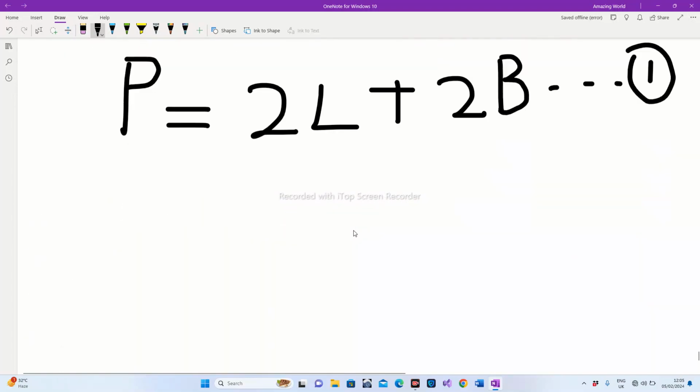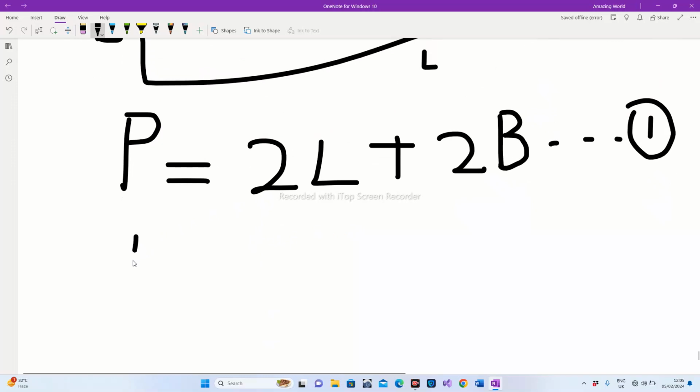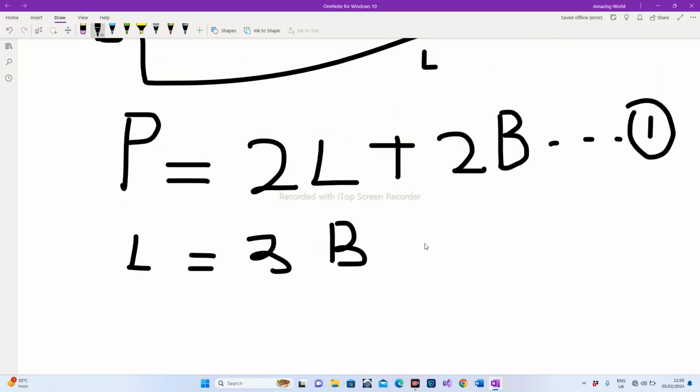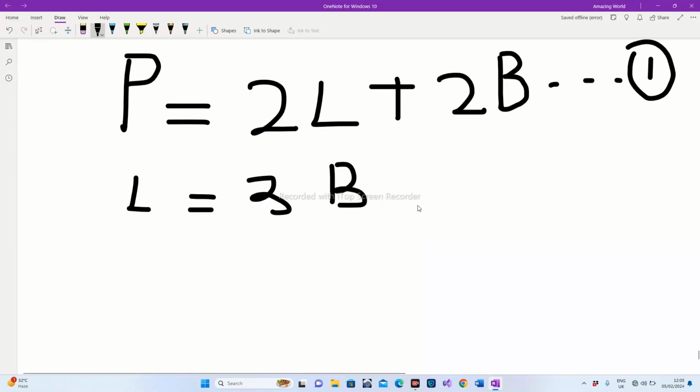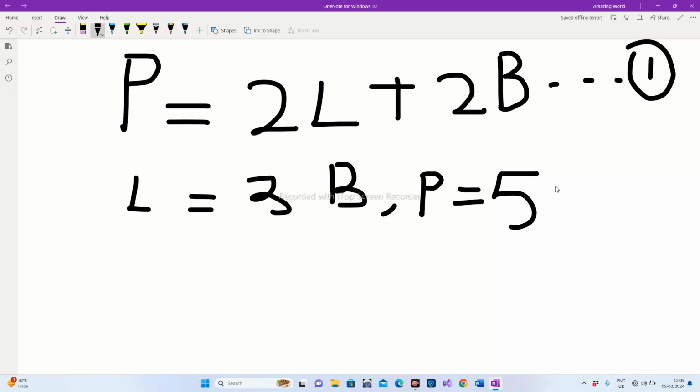So we are given here that L is equals to 3 times the width, which is the breadth as well. So L is equals to 3b, and we have been given that our P is equals to 56 cm.